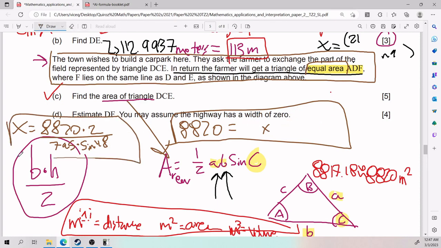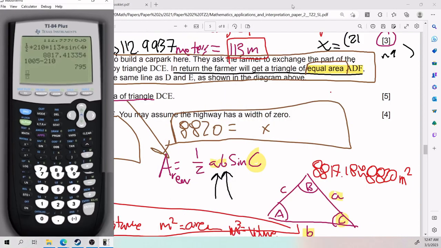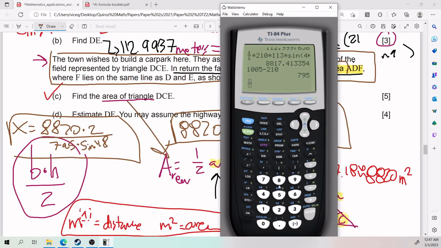So x is going to be equal to this. All right. So we take out our calculator. Bada bim, bada boom. We put 8820 times 2 divided by 795 times sine 48. Ta-da! You end up with 29.